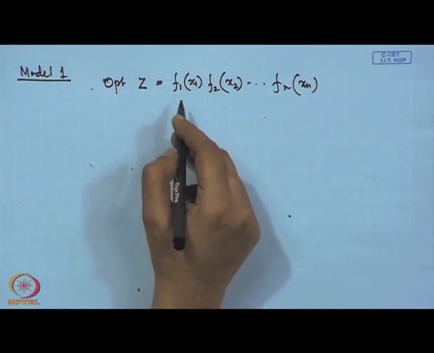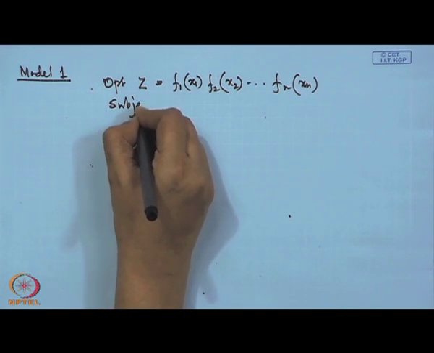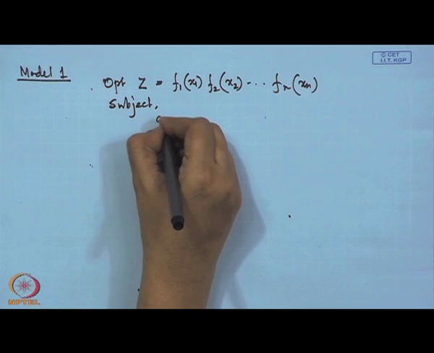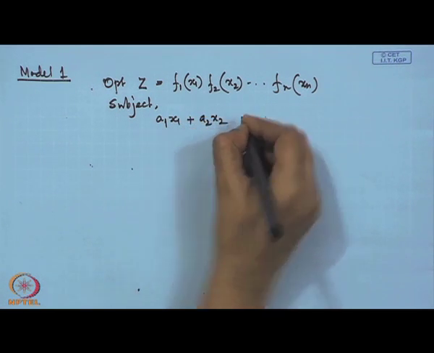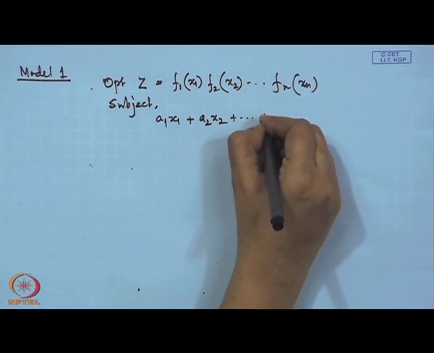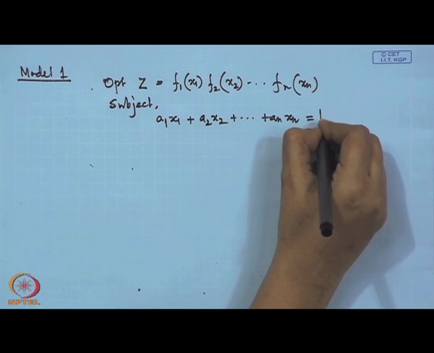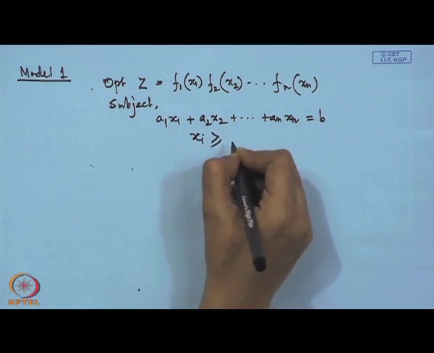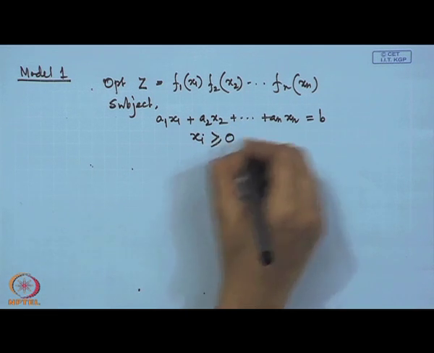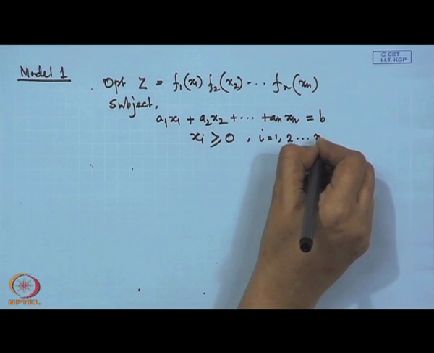Now, this is a multivariate optimization problem subject to the constraint, and it is also given that xi is greater than or equal to 0, where i is equal to 1, 2 to n.